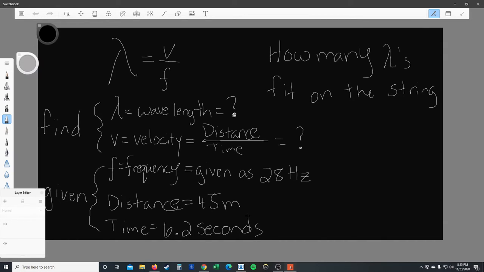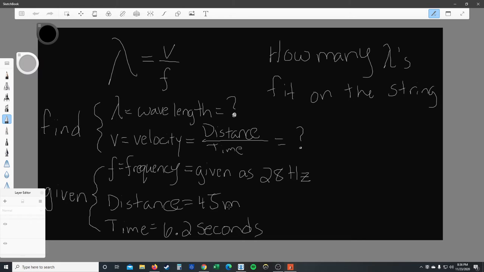These three values are given by the problem, and an intermediate step that we need to figure out is the velocity at which the vibration is propagating through the string, which, by definition, is distance over time. Then we need to find the wavelength, which we'll have everything we need to solve. So the first thing I would do is find the velocity, which is distance over time.